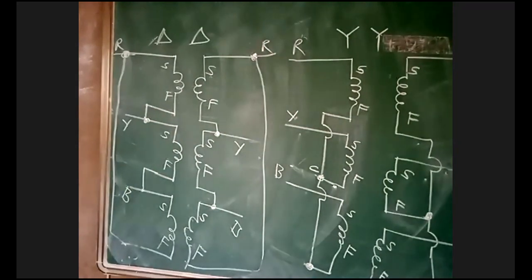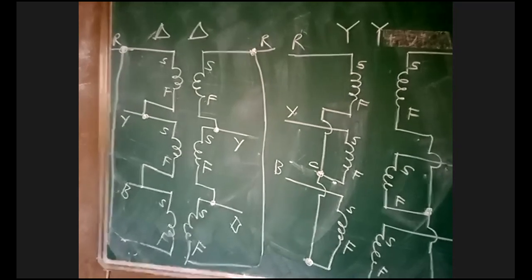That is your star delta and delta star. If it is star delta, the primary side connection is star and the secondary side connection is delta. If it is delta star, the primary is delta connection and the secondary is star connection. These are the four types of three-phase connections.